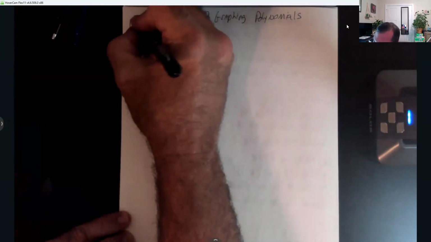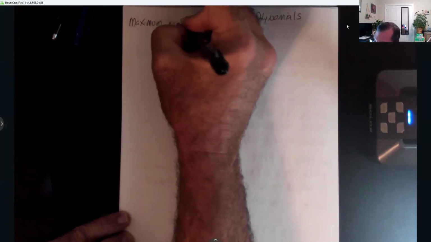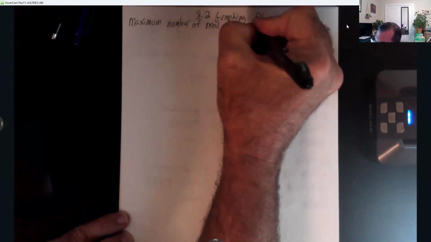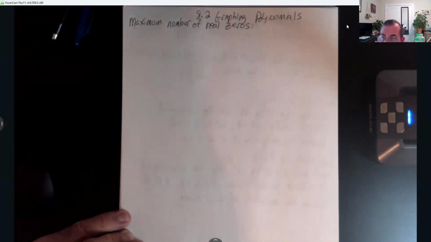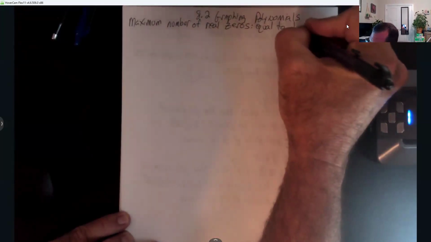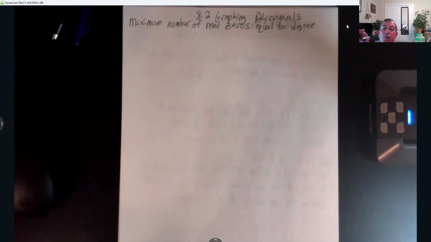So the maximum number of real zeros is equal to the degree. So whatever that highest exponent is, that's the degree. So the maximum number of real zeros I could have would be equal to that exponent.